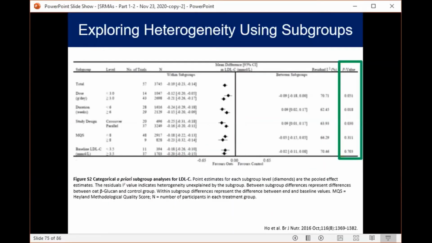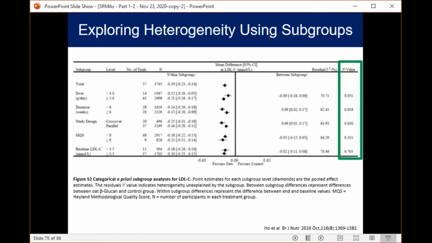Here's an example of a set of a priori subgroup analyses performed in another meta-analysis to investigate any effect modifications. This is just to give you an idea of one of the ways multiple subgroup analyses can be presented.